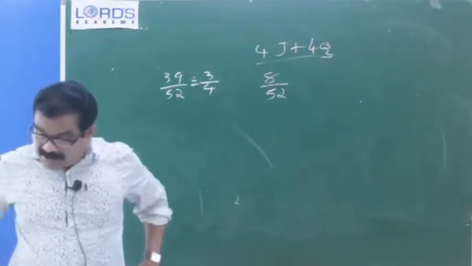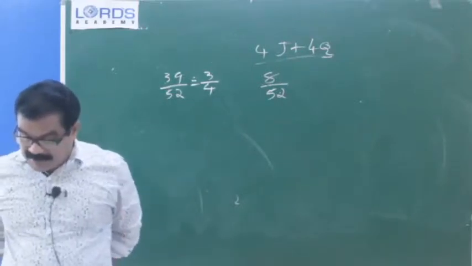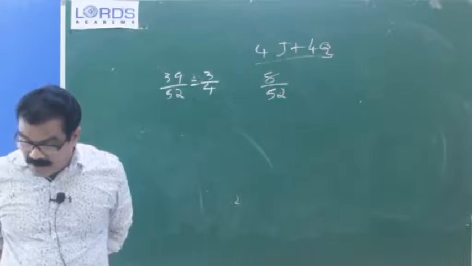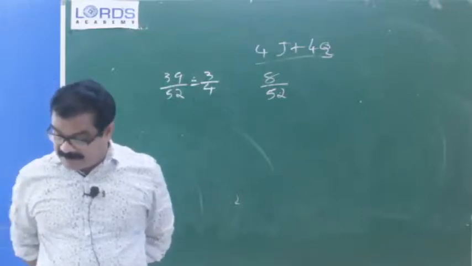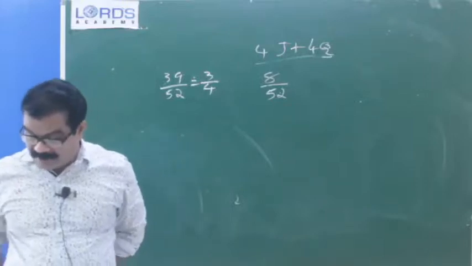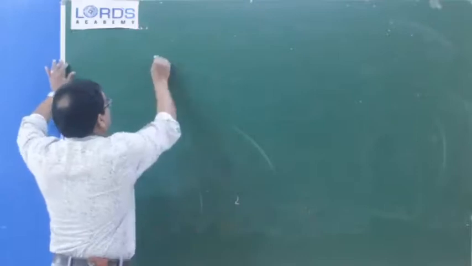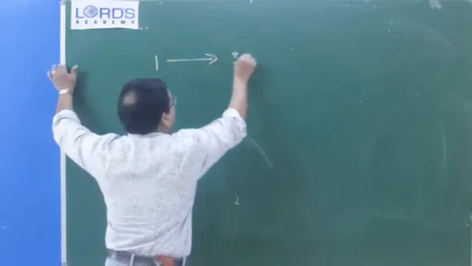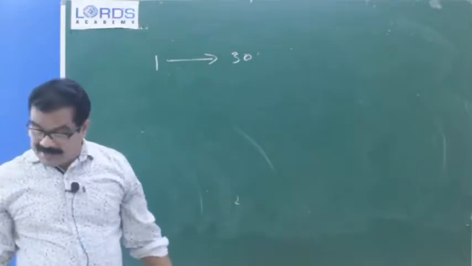If one card is drawn at random, find the probability that it is a multiple of 4 or 6, a multiple of 3 and 5, a multiple of 3 or 5. The numbers 1 to 30 are on identical cards.